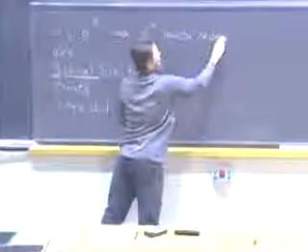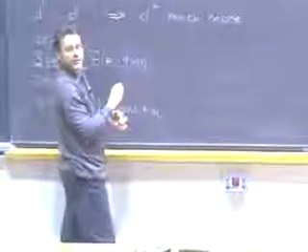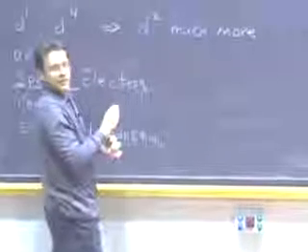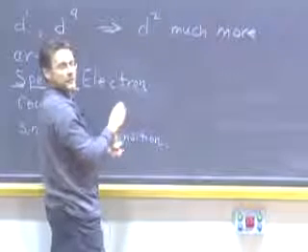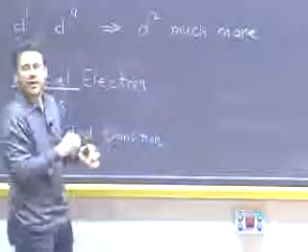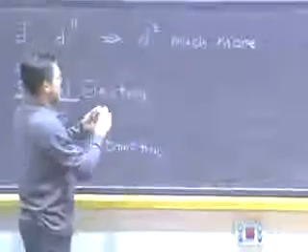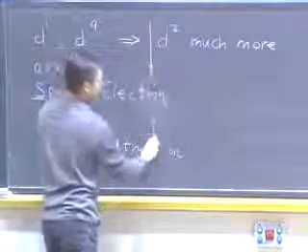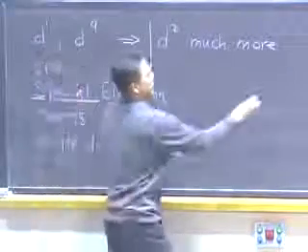And this is beyond the scope of 5.111, but it's something that they're treating in 5.04, for example. So if you go on in inorganic chemistry, you'll learn how different states can arise, multiple states arise when you have more than just a one electron picture.